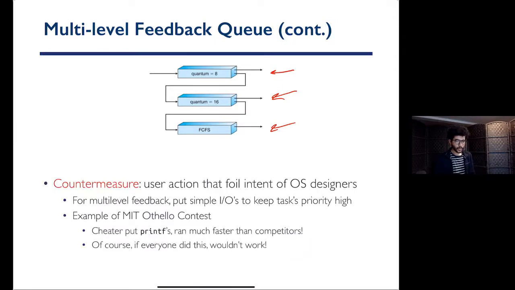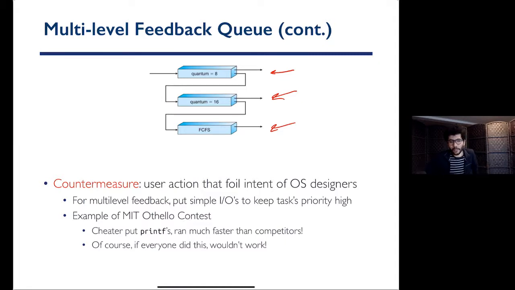Now, the last thing I wanted to talk about is whatever decision you make, whatever policy you set. As I said, there are many parameters to be set, like how you're scheduling among tasks within each queue, how you're scheduling across queues, where you put tasks when they come in, and so on and so forth.